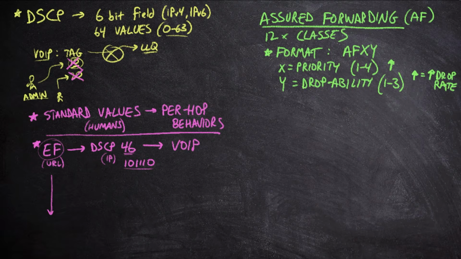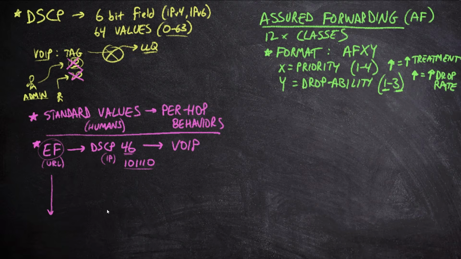But we're actually saying that a 3 is likely to be dropped more than a 1. Whereas over here, again, the higher the priority level, the higher the treatment compared to other priority levels. We'll look at a few examples of this coming up.